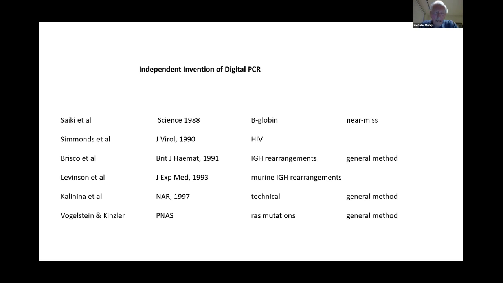And I'll go into that in a minute. Subsequently, other workers also used the same technique. Leveson used it to quantify IgH rearrangements. Kalinina did a technical analysis, but really didn't apply it to a specific target, but pointed out how it could be done and could be of value as a general technique. And then Vogelstein and Kinzler used a similar technique with some differences, which I'll go into, and termed the method digital PCR.